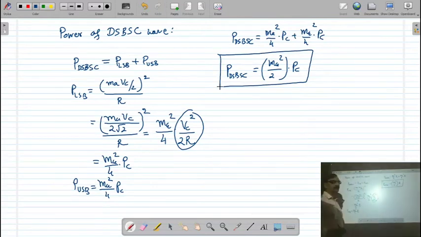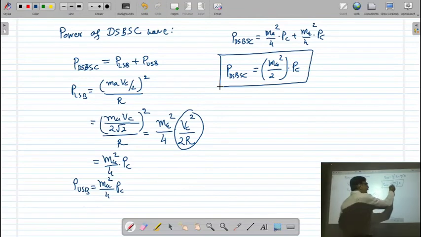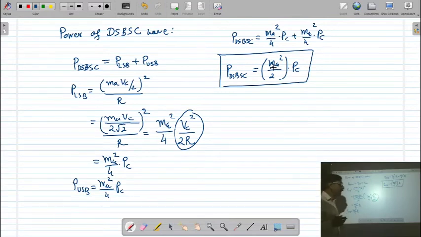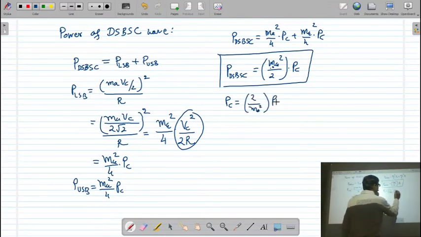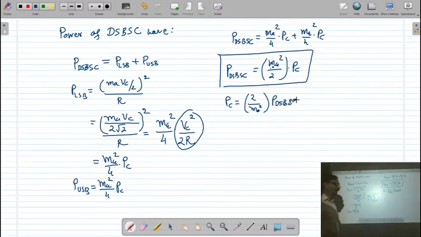So whenever you want to calculate the power of a DSB-SC wave, you have to use this formula, and this indicates that the power again depends on the modulation index. If the modulation index is large, then the power of the DSB-SC wave will also be more. Here, the carrier power will be 2 by ma square into PDSBSC, correct? Okay, that we will discuss later on.